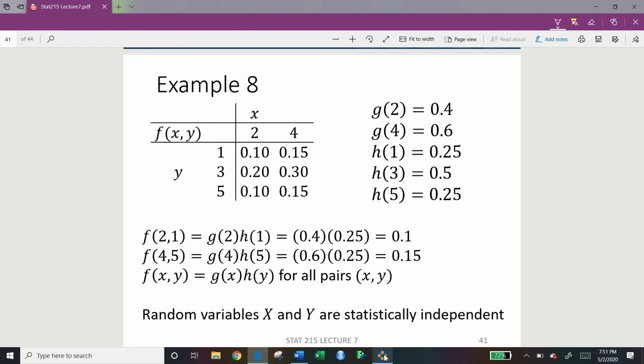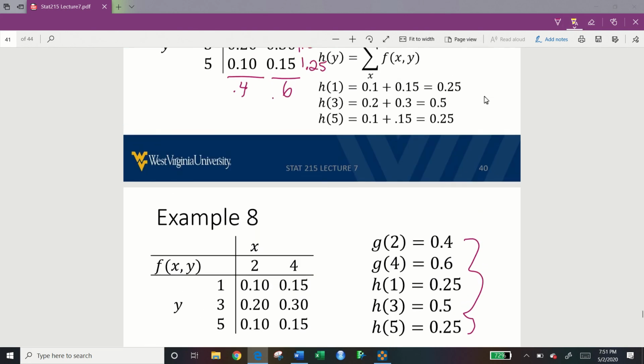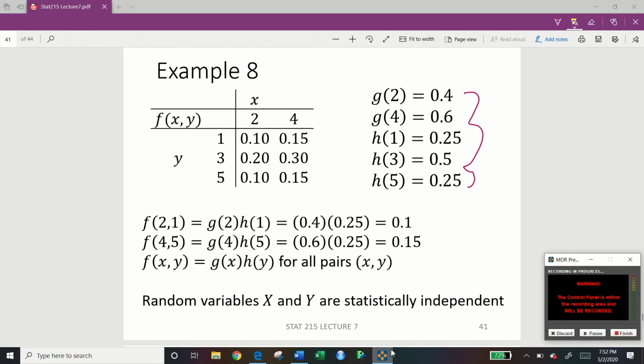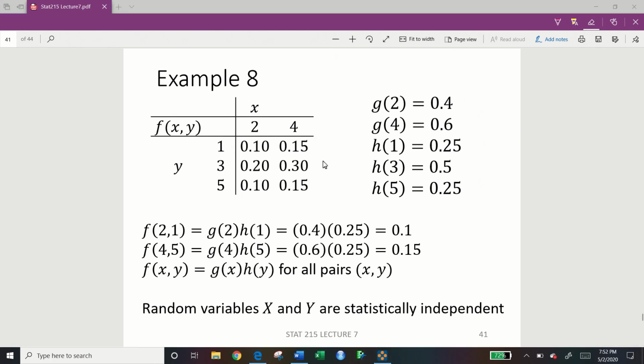Okay, so from our previous slide, we calculated the following marginal probabilities. Whoop, sliding all over the place here. Okay, so continuing on, the marginal distributions that we calculated are located right here. Now let's test for statistical independence. Let's start off with f of 2 comma 1.